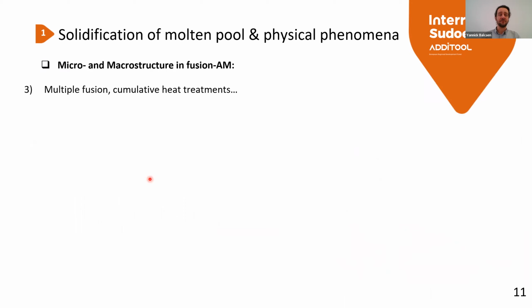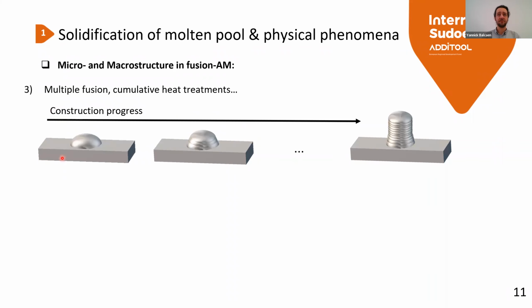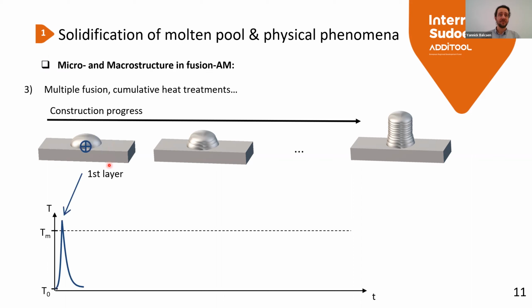A third point is to consider that we have multiple fusions and cumulative heat treatment due to layer stacking. When we take the example of a single deposit in construction, the first layer is melted, evidently, and is now cooled. But when you put the second layer on the first and the third layer on the second, you can observe induced heat treatments in the previous layer.